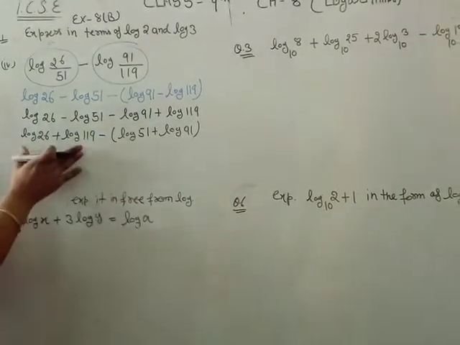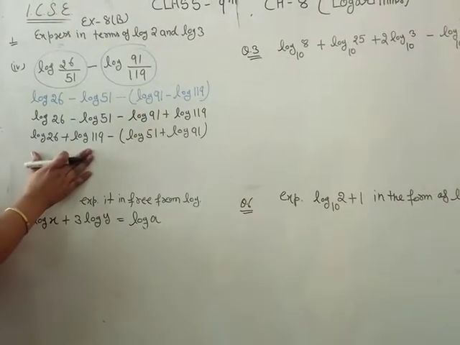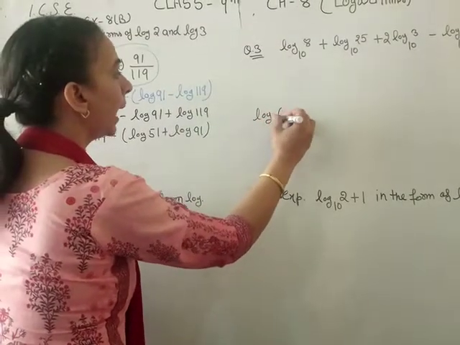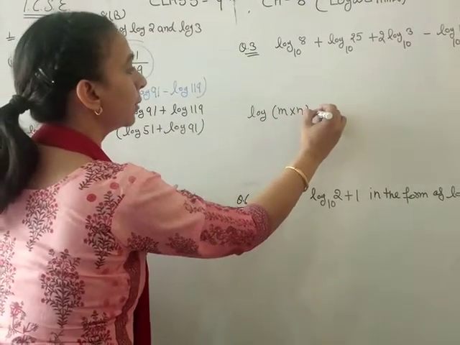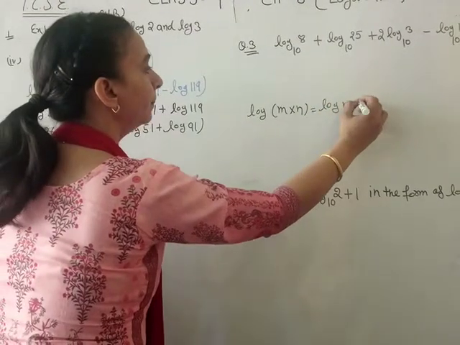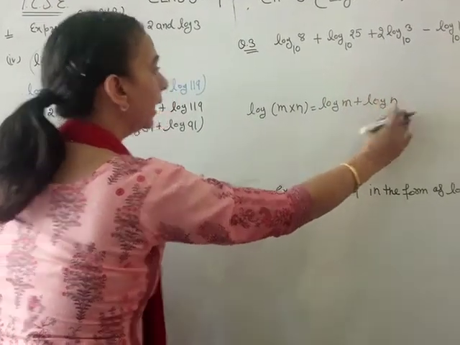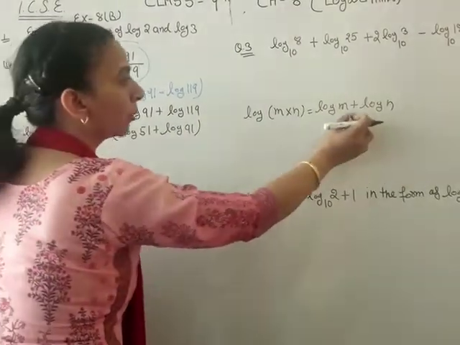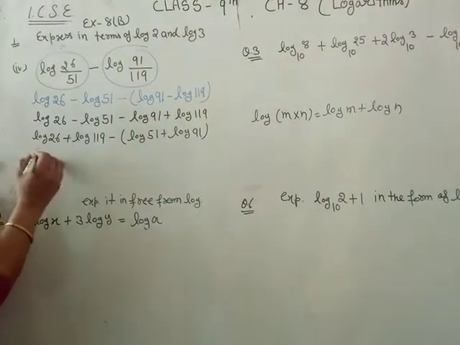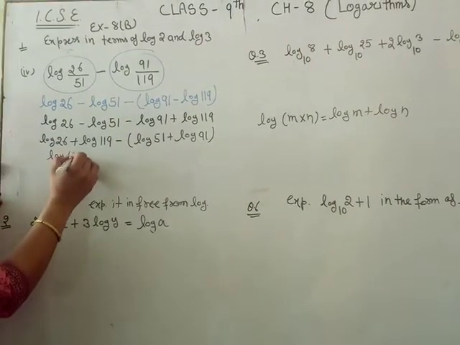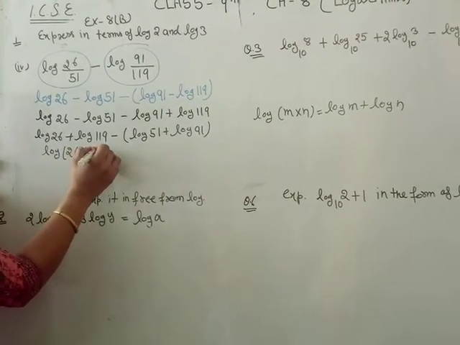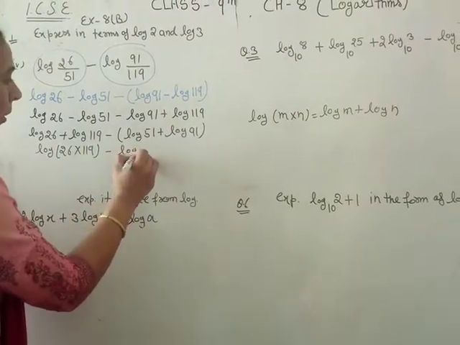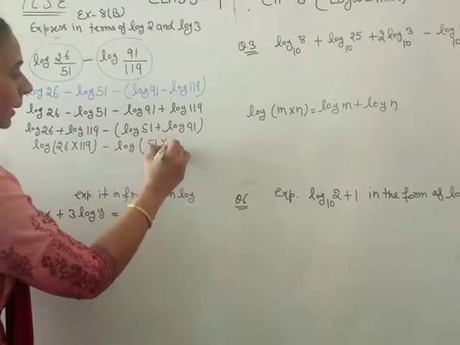Then we use the product law: log of m times n equals log of m plus log of n. If we have this form, we write it as the product of m and n. So we write log of 26 multiplied by 190, and likewise log of 51 multiplied by 91.